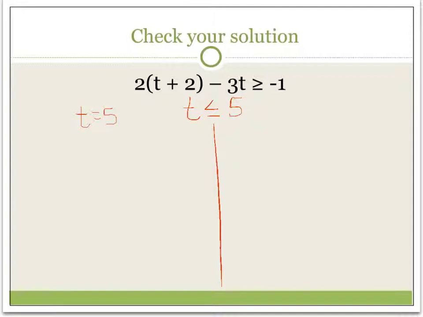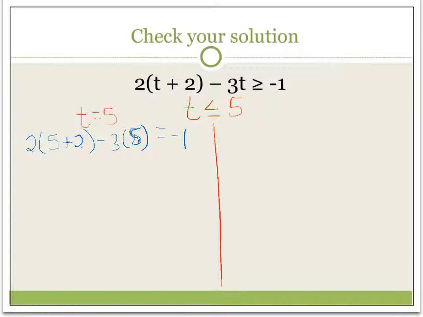So we would plug in 5 into our inequality to see if it equals. So we're going to turn this kind of into an equation to see if this works. So 2 times (5 plus 2), minus 3 times 5, is equal to -1, and that's what we want to check.